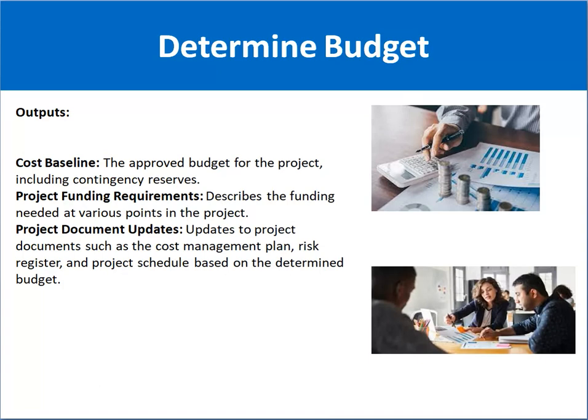The contingency reserve means that if, for example, any unforeseen event occurs, this reserve could be used for the project as well. Then it also describes the funding needed at various points in the project. Also, it will update different project documents, like for example the cost management plan, the risk register, and the project schedule, based on the determined budget as well.